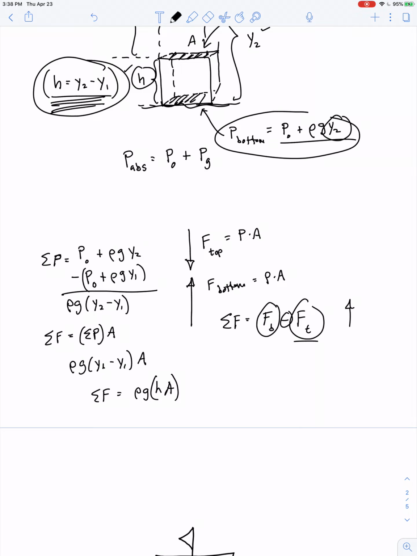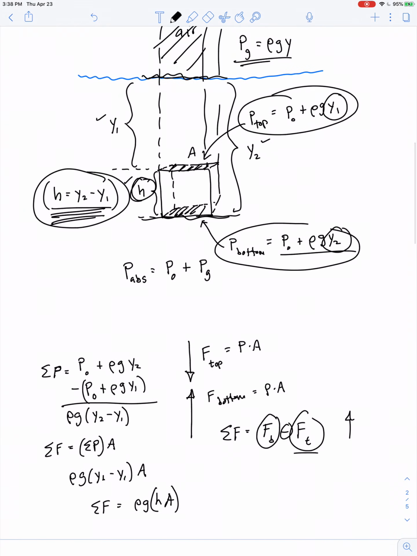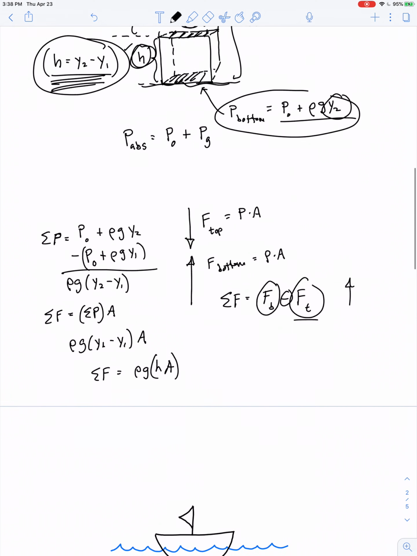But you recognize what h times A is. If we multiply the height of this block times the area of its top section, that's just its volume. So we found that this net force is rho times g times volume, or we could reassociate this as rho times V times g. But rho times V, if this is the density of the fluid, right?